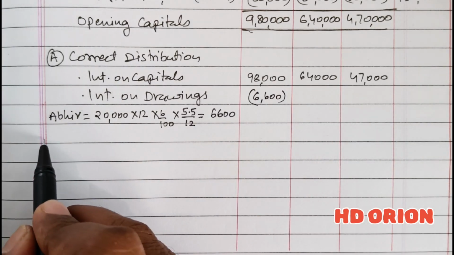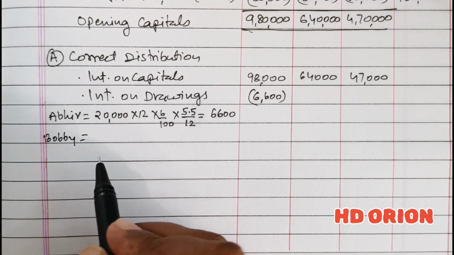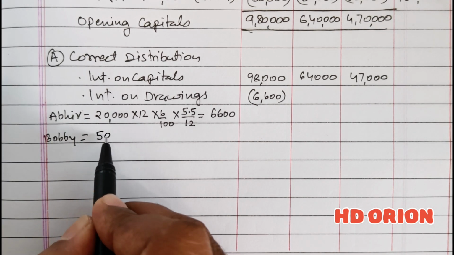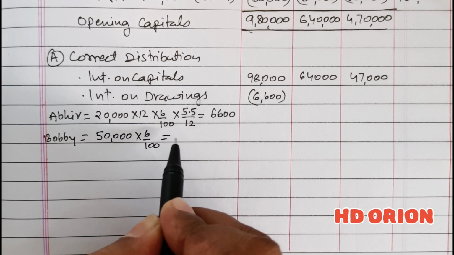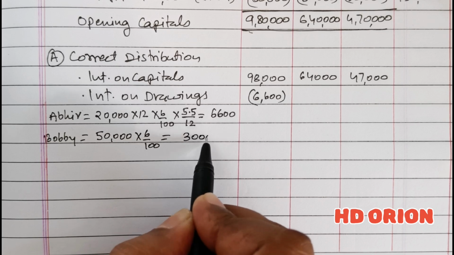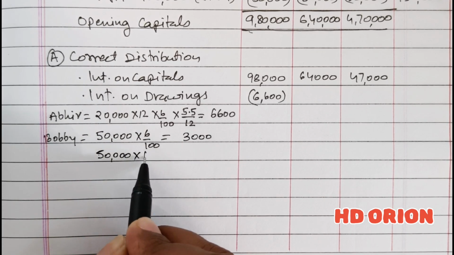Then the second partner, Bobby. Bobby has withdrawn 50,000 rupees every 6 months, and that also in the beginning. So the first 50,000 is withdrawn on 1st of April. On this 6% will be charged for the whole year, that is rupees 3,000. And the second 50,000 which Bobby has withdrawn is on 1st of October.